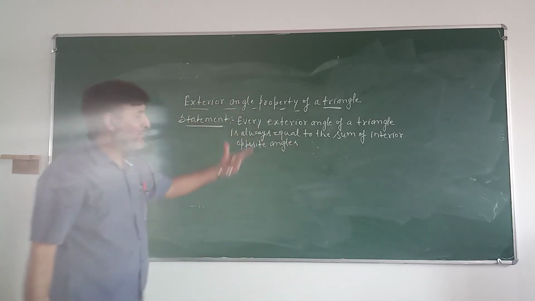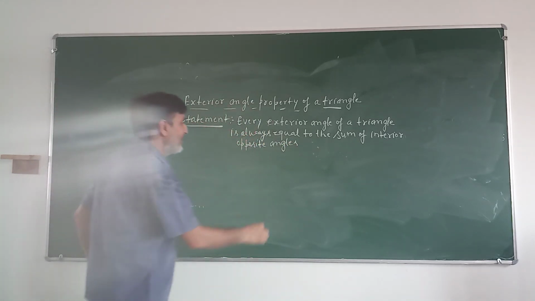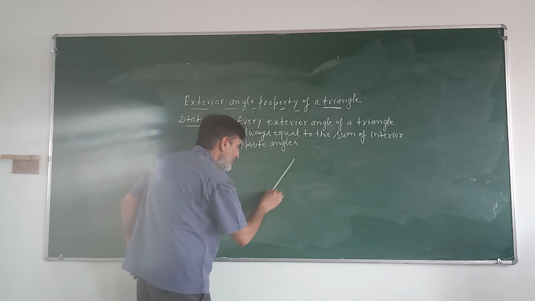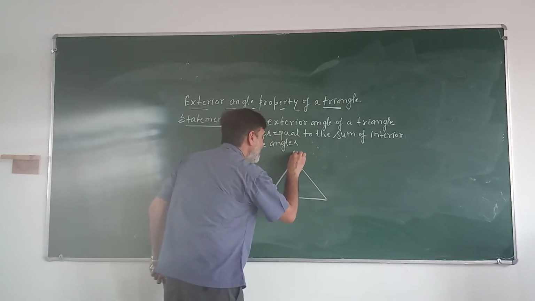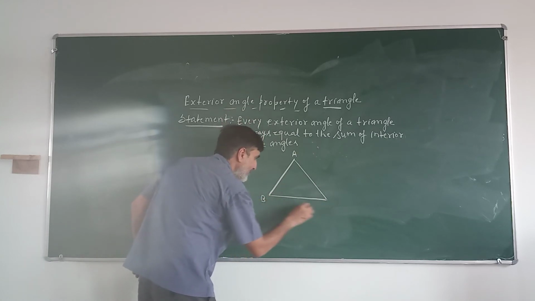For this, first of all, let us consider a triangle. Say this, again ABC is a triangle.